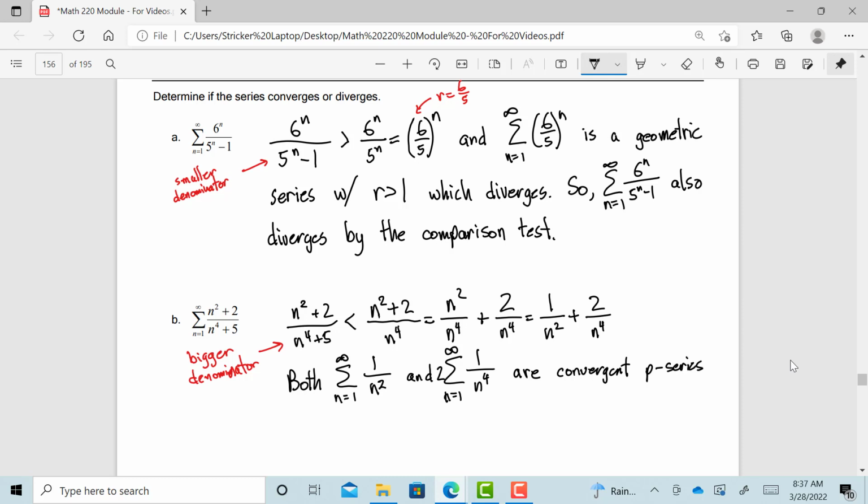If you add two series that both converge, so they both have a sum, if you add them both up and they both converge, then what can we say about the sum of those two series? Well, then that must have a sum, right? Then our series n squared plus 2 over n to the fourth must also converge.